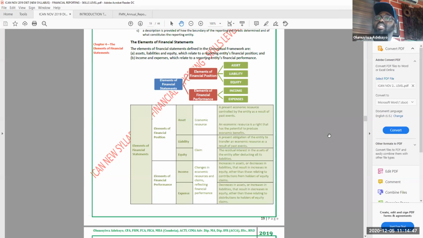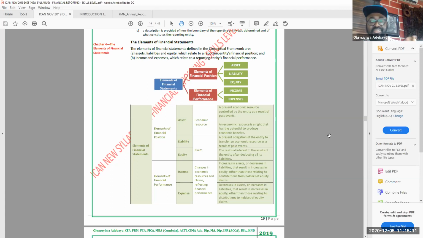Decrease in equity. Income brings about increase in equity because asset is increasing or liability is reducing. Expense is bringing about decrease in equity because asset is reducing or decreasing, while liability is what? Increasing, without considering the impact of distribution made to equity participants.